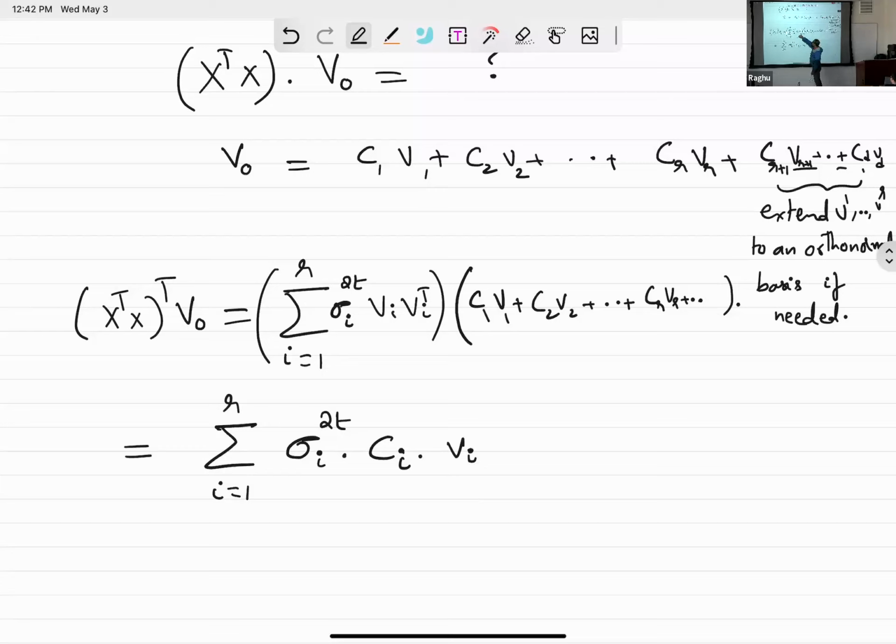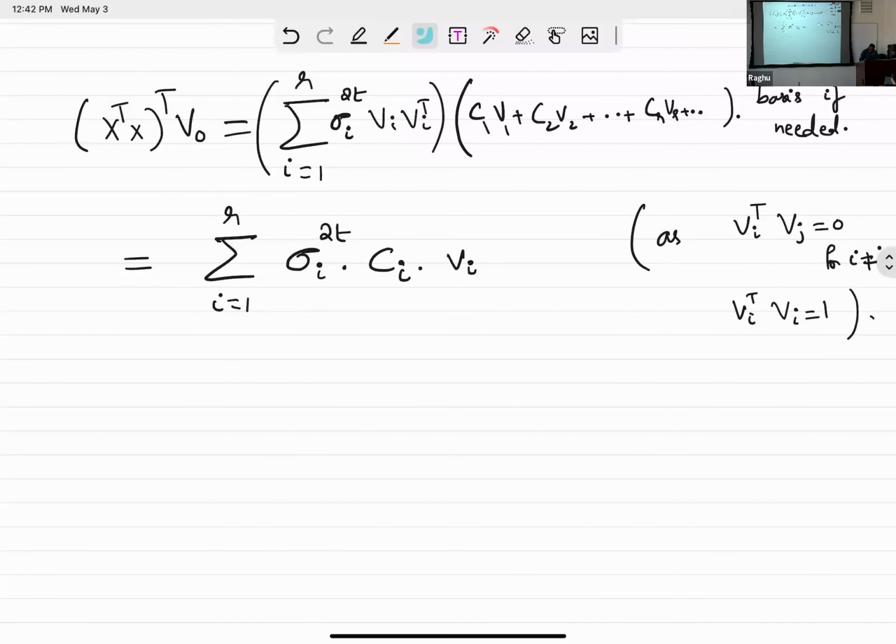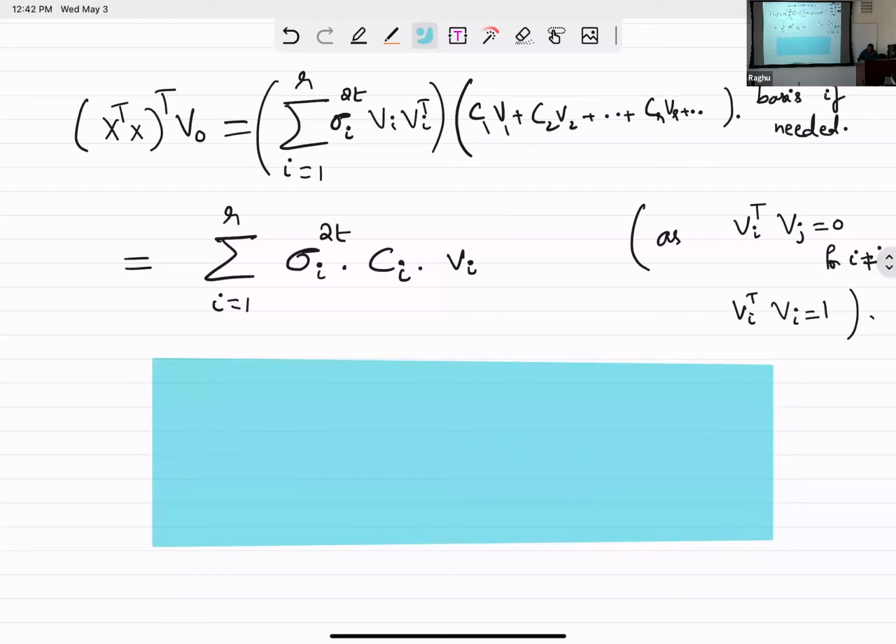When I multiply with V1, everything except the first term becomes 0, and for the first term I get C1, and V1 transpose V1 is 1 because it's an orthonormal vector, so it has unit norm. So even though it looked like a complicated matrix vector multiplication, it simplifies: X transpose X to the t times V0 has a nice succinct looking formula.